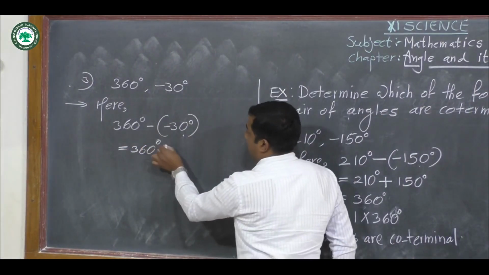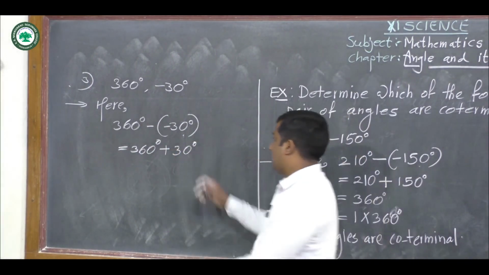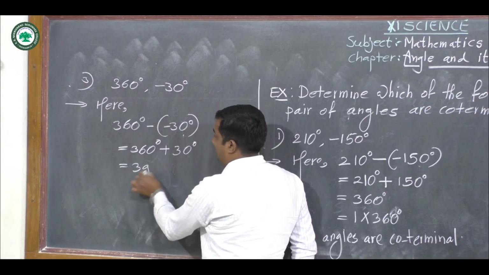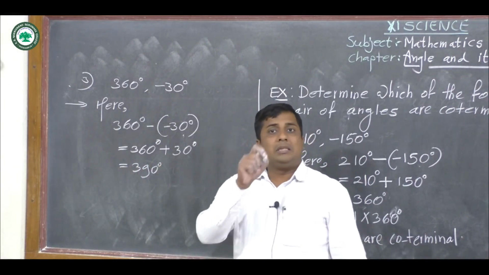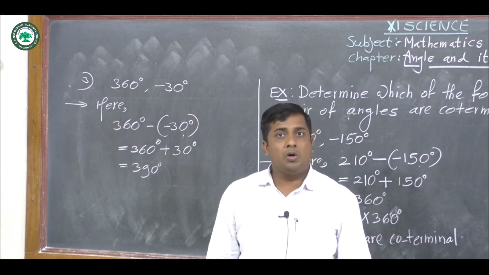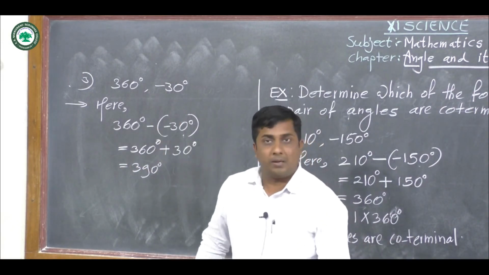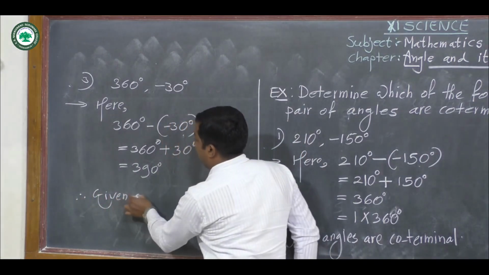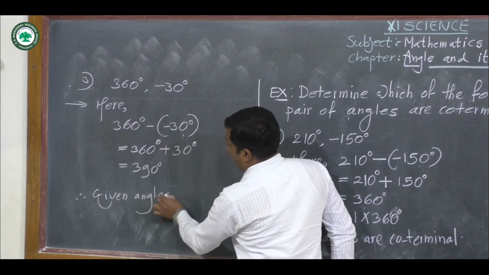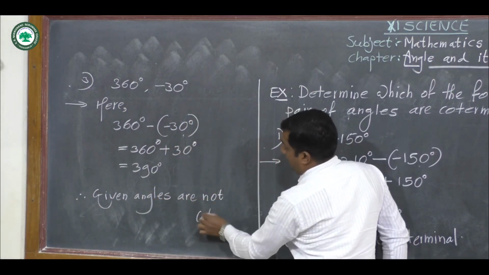We know minus of minus is plus, so 360 plus 30 is 390 degrees. This 390 degrees is not a multiple of 360 degrees. So the given two angles are not coterminal.